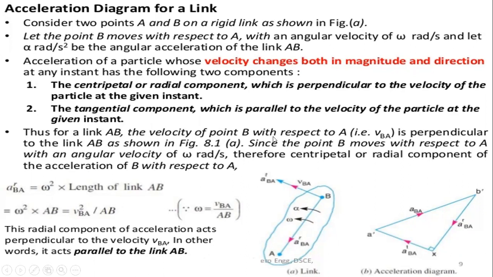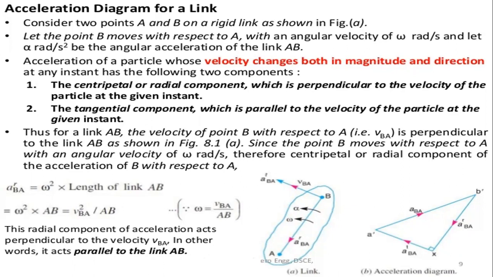The acceleration of a particle whose velocity changes both in magnitude and direction at any instant has the following two components. The first component is the centripetal or radial component, and the second one is the tangential component.